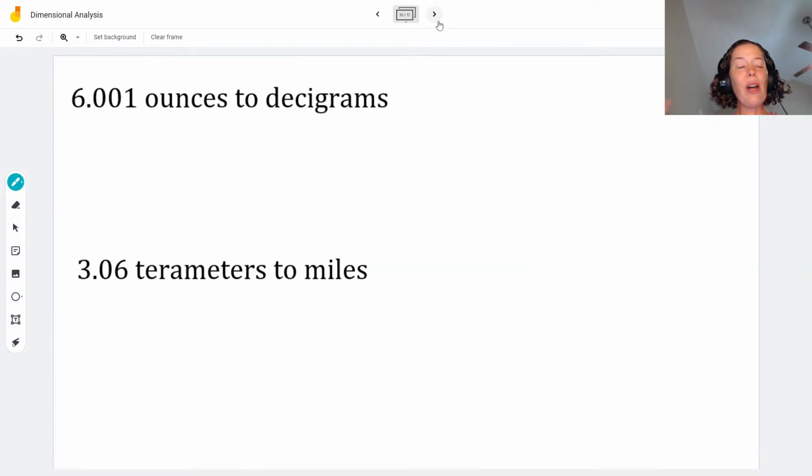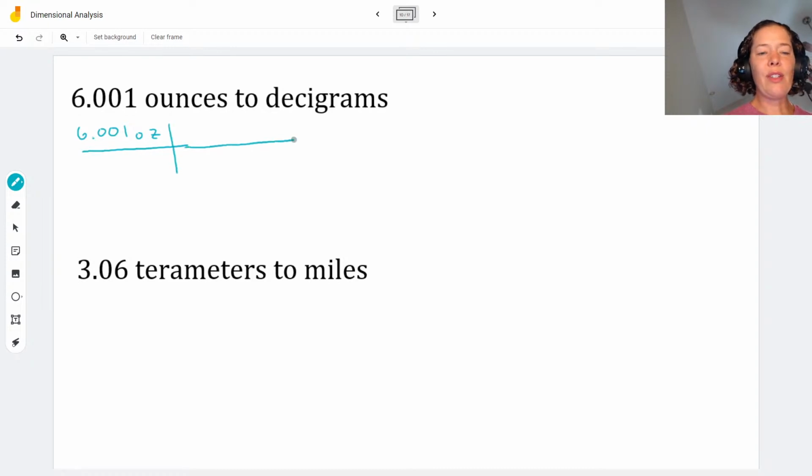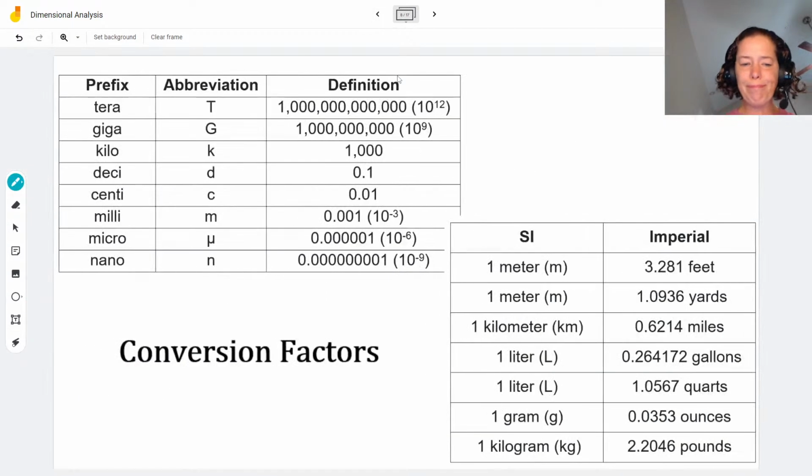A couple more of these before, again, we're going to move on to more complex conversion factors. So now we're going ounces to decigrams, which is not a unit you see very often, but it is a totally valid unit. All right, so all I know right now is I want to get rid of ounces, but let's get a game plan in place.